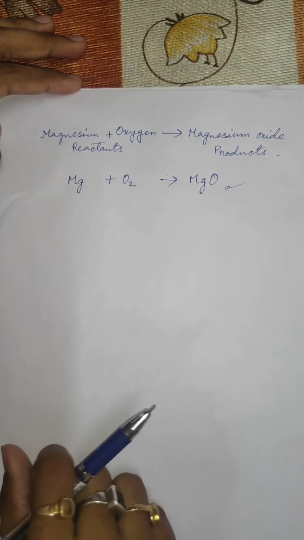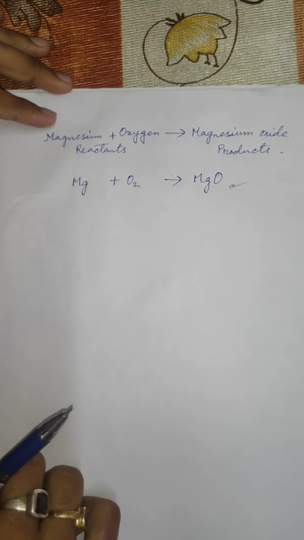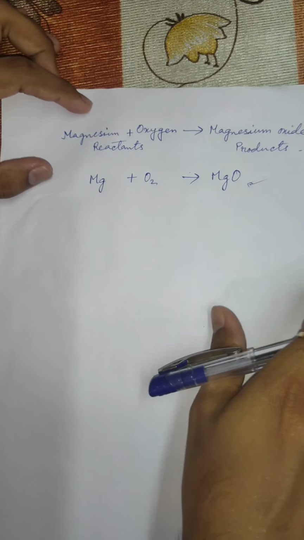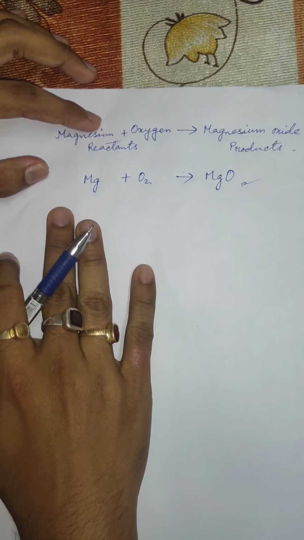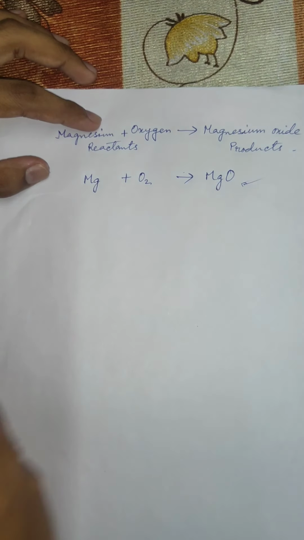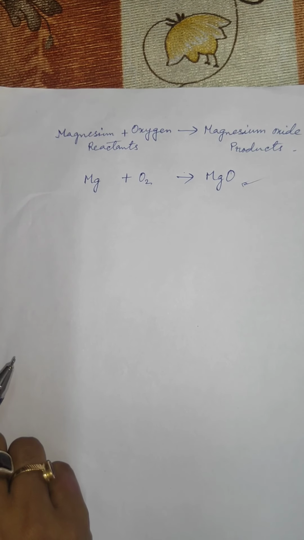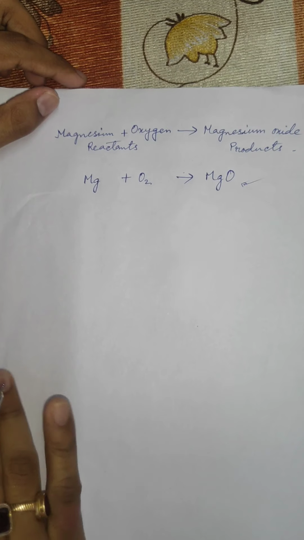Now what is a balanced chemical equation? Balanced chemical equation means the number of atoms on the left hand side and right hand side must be equal, or the mass of the products and reactants must be equal, because in class 9 you have already learned that mass can neither be created nor destroyed in a chemical reaction.